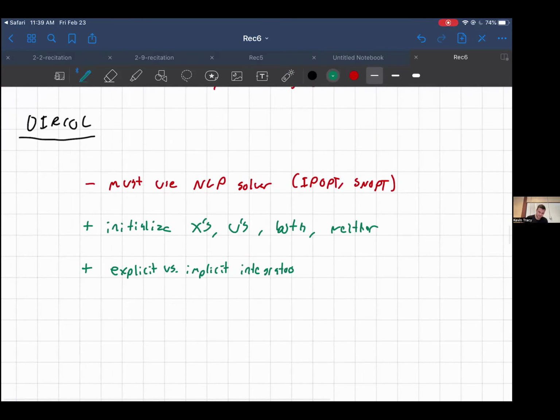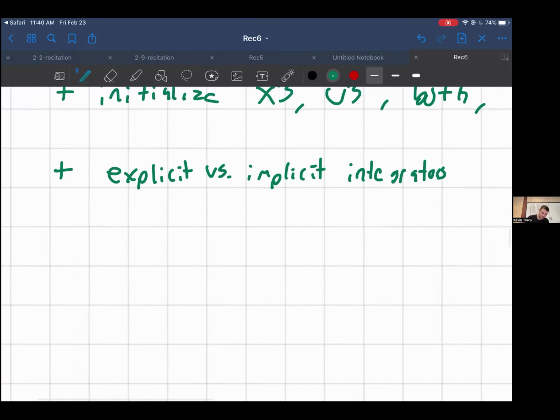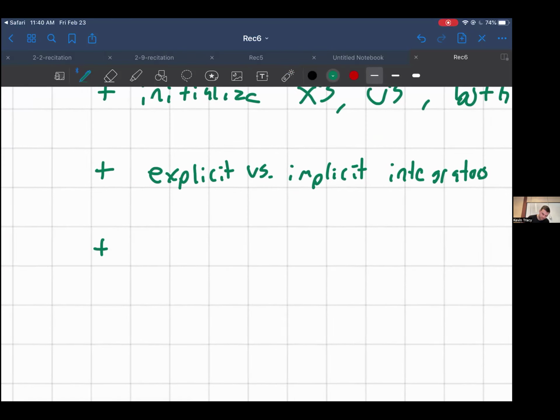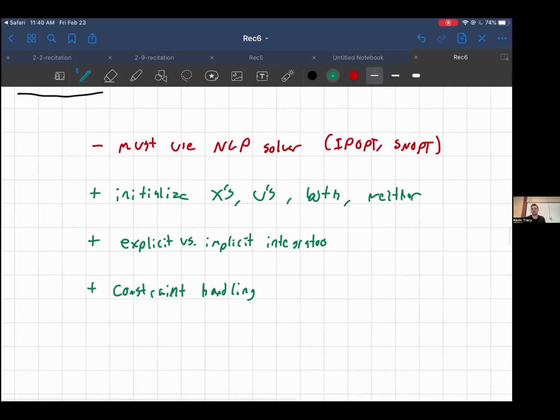Okay, so minus is you must use an NLP solver. Plus is we can initialize X's, initialize U's, both, or neither. Explicit or implicit. Very easy constraint handling. We're already doing things with the big NLP solver that's built to handle very gross constraints, so adding in more constraints is no problem whatsoever.